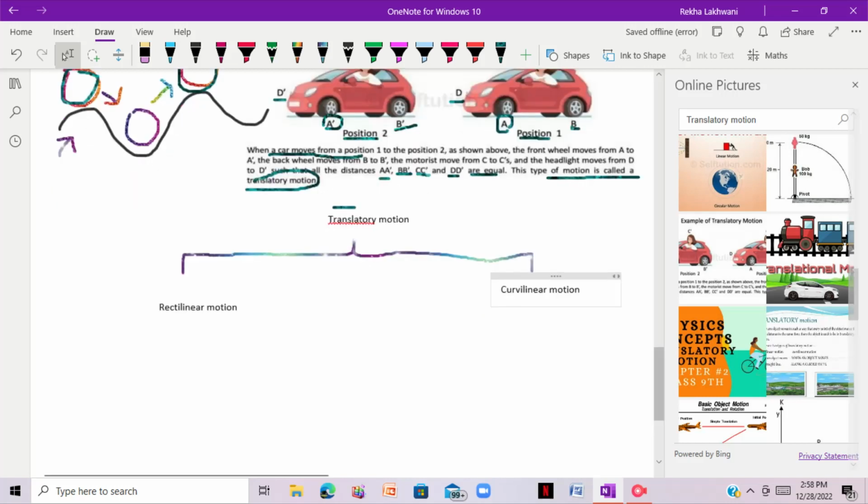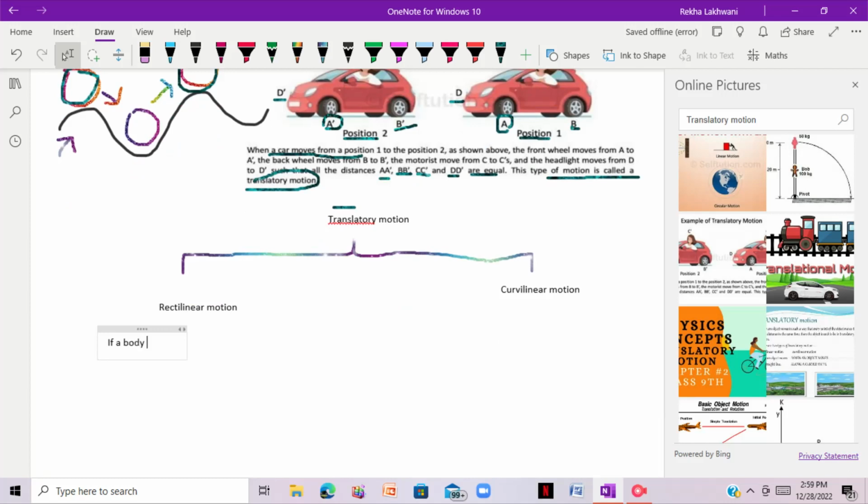If a body is moving in a straight path, that is known as rectilinear motion, right? Okay, for example, over here, this is a path and this is a ball, right? The shape of the ball is not good. Okay, let me draw it again.